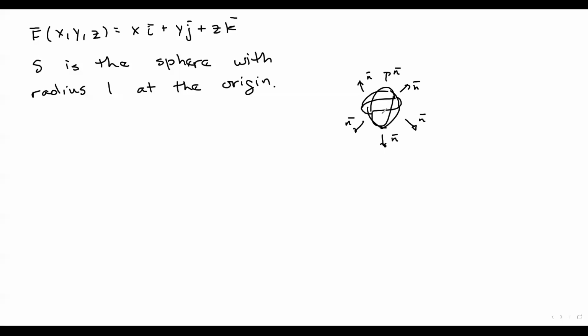One for the top half, which is going to have upward pointing normal vectors, and then the other one you want to have downward. Or you can parameterize the surface, and then you can do it with just 1 integral. Now, which is easier? It depends.